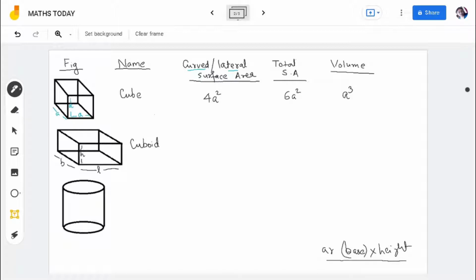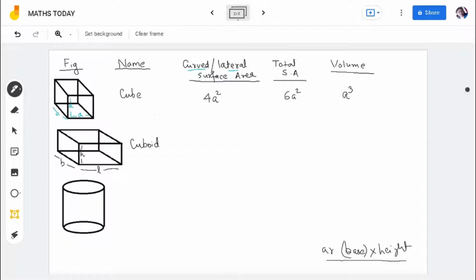So there are four lengths. Similarly, there are four breadths. This is the breadth, this is breadth, this is breadth, and this is breadth. Similarly, we are having 4H. Here is one height, here is one height, this one is one height, and this one is one height. So 4 L's are there, 4 B's are there, and 4 H's are there.